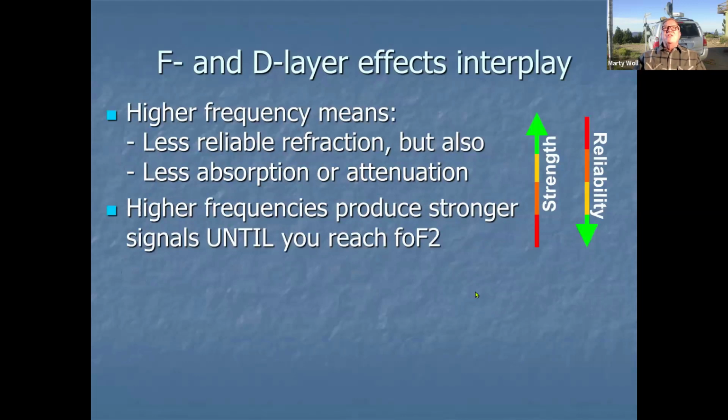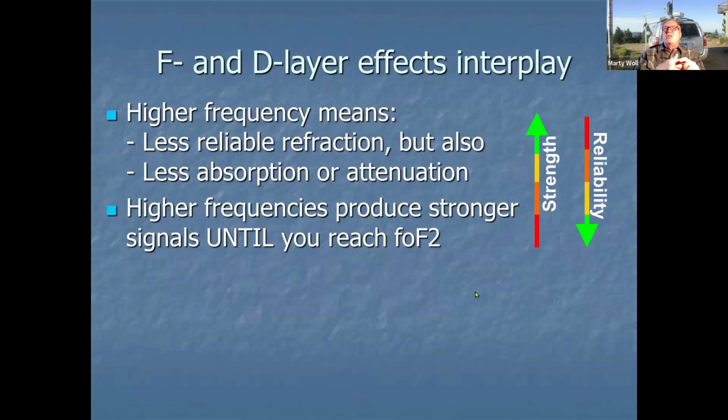So what we have is an interplay between reliability and signal strength. As the frequency goes up toward the critical frequency, the absorption is less, so the signals get stronger, but there's less reliable refraction. You're getting near the edge of when it's not going to refract anymore.